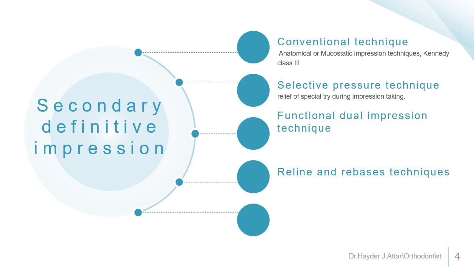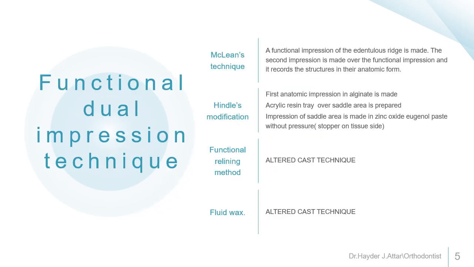The functional dowel impression means taking two impressions. The first impression is the anatomical impression, or mucostatic impression, and the second impression is the functional impression.